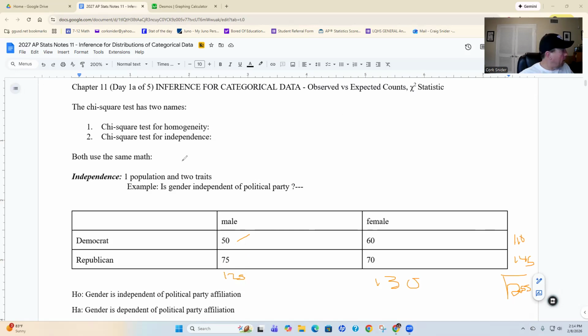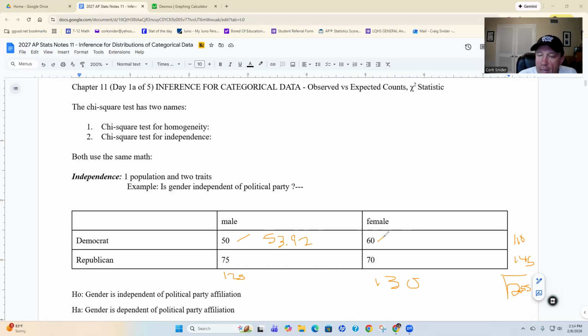Let me redo that on a side calculator so I don't have to go to Desmos. 125 times 110, then divide that by 255. That comes out to 53.9, 53.92 actually if you go a little further.